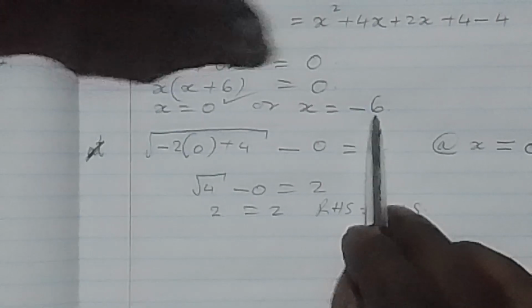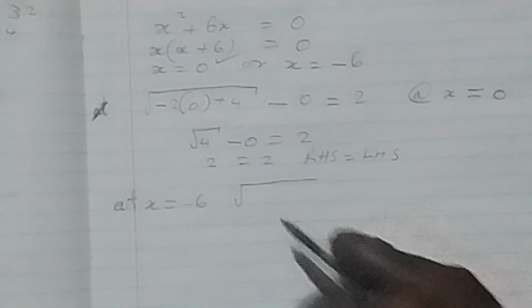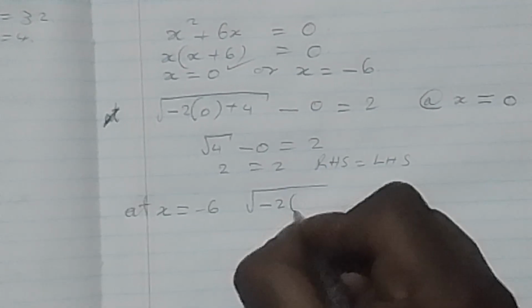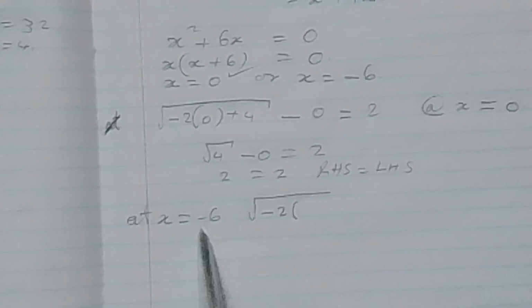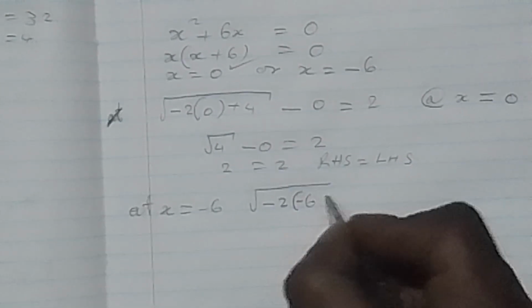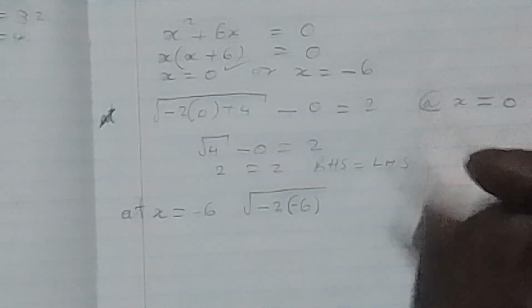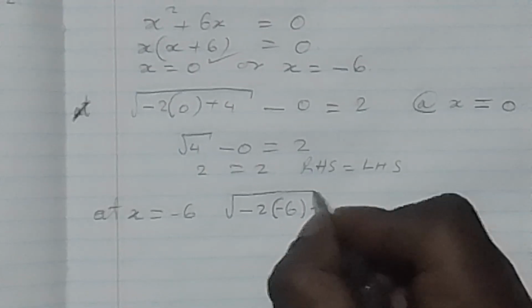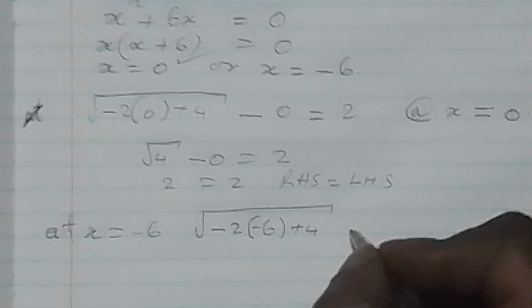Then you come to x equals minus 6. At x equals minus 6, you find that this is 2x minus 2. When you see x, you put a minus 6. Minus 6 plus 4 minus x.